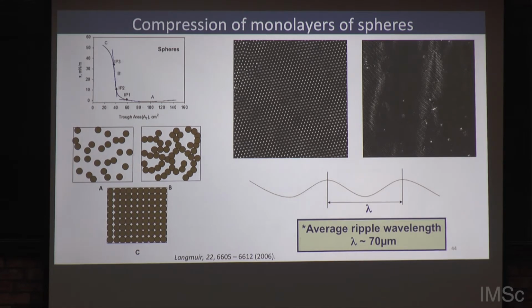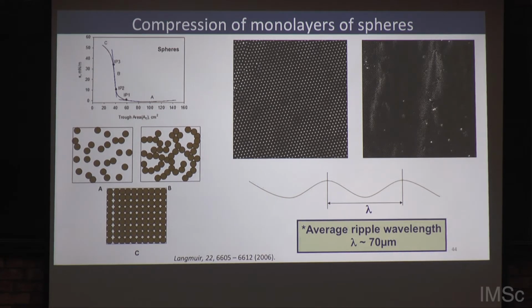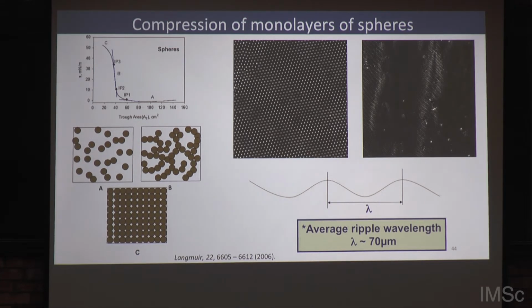As I said, in the case of spherical particles, these isotherms are reversible. If I have a highly charged particle, you do compression and get all these states, and you release it back, it goes back to the initial state.